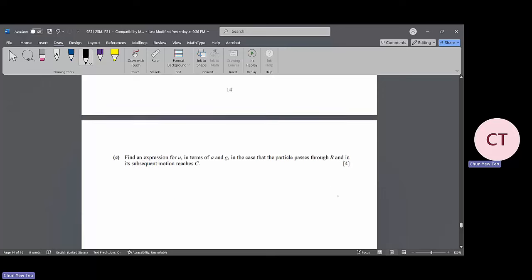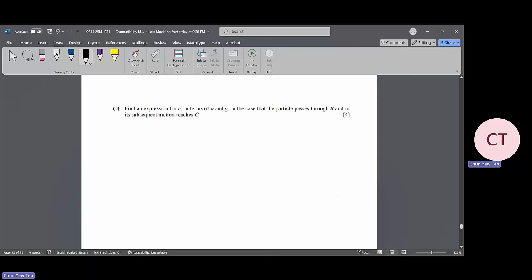Now we move on to C. Find an expression for U in terms of A and G in the case that the particle passes through B and in the subsequent motion reaches C. What happens here is that from B to C is actually a projectile motion.